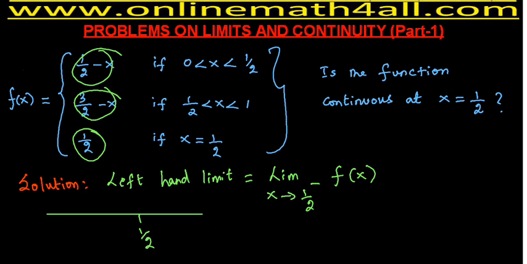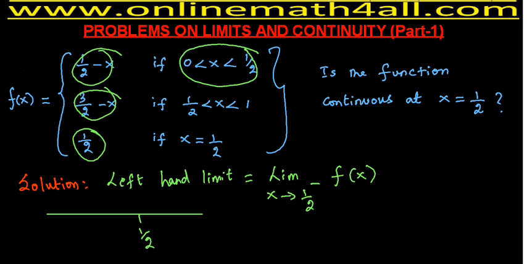So here we have three intervals: 0 less than x less than 1 over 2, 1 over 2 less than x less than 1, and x is equal to 1 over 2. In these three intervals, we just have to see where x is less than 1 over 2. So in the first interval, the value of x is less than 1 over 2. Since we are finding the left hand limit, x has to be less than 1 over 2.